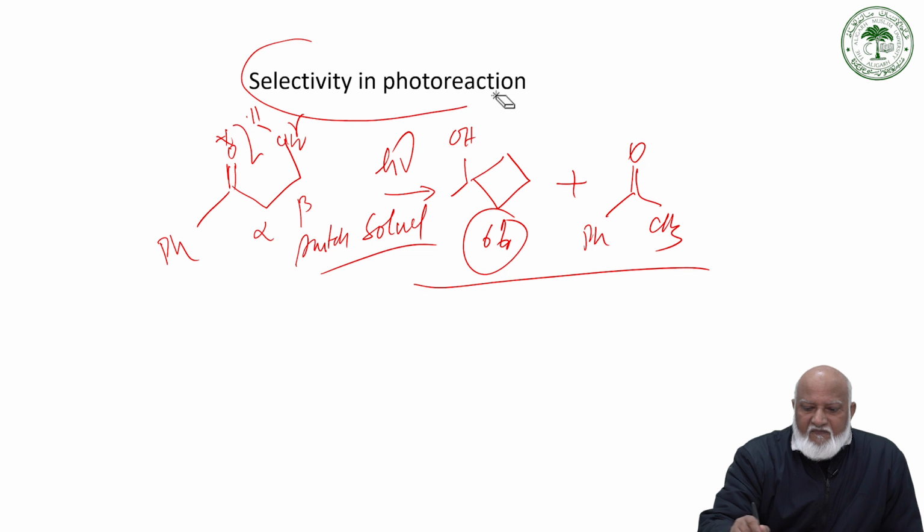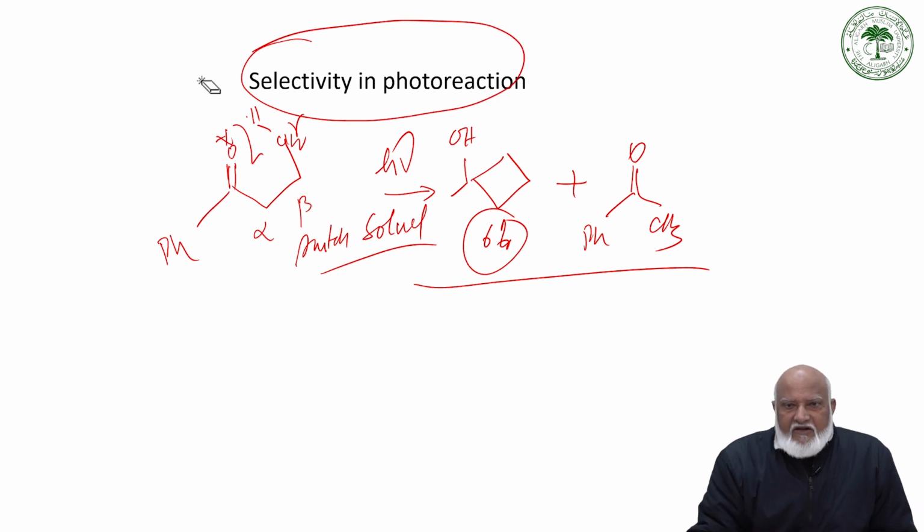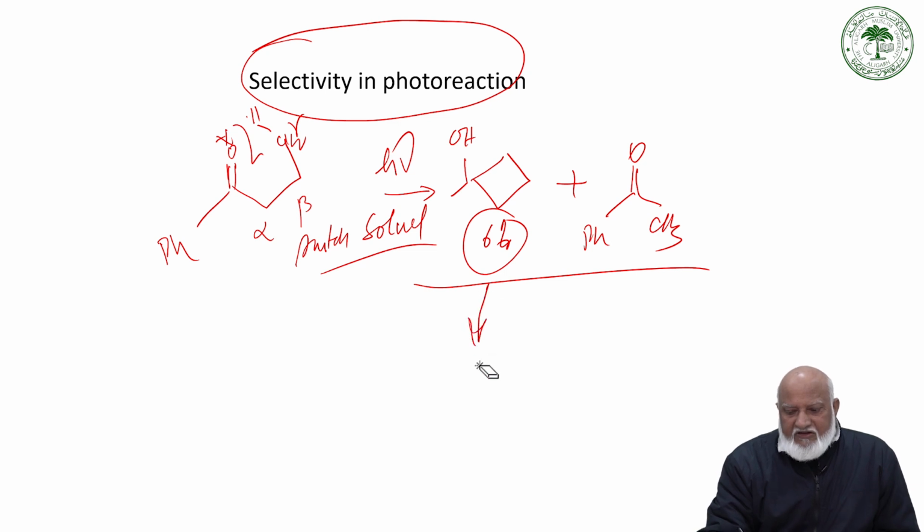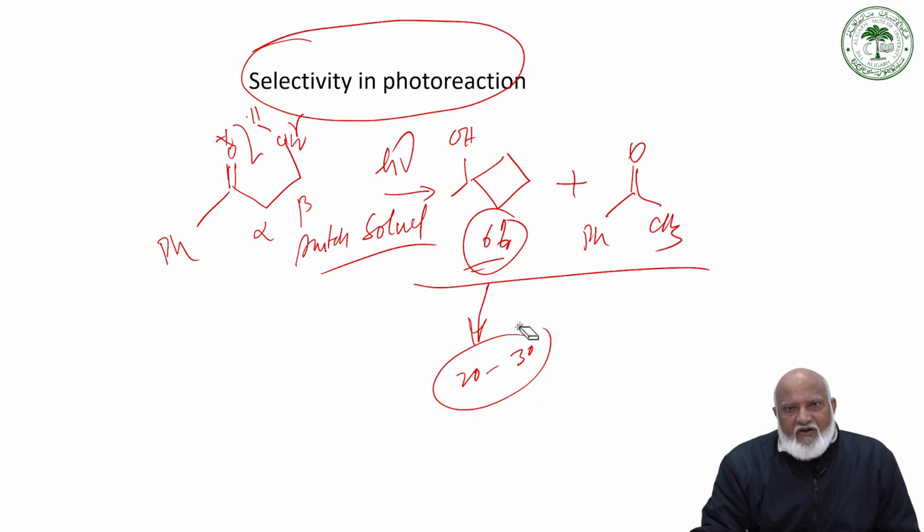So people have made a lot of attempts to bring about selectivity in photoreactions. Selectivity in the sense of how we can increase the yield of the most wanted product. Maybe if it increases from 6% to 20 or 30% or even more, that is going to be a good and achievable target, aim or objective.